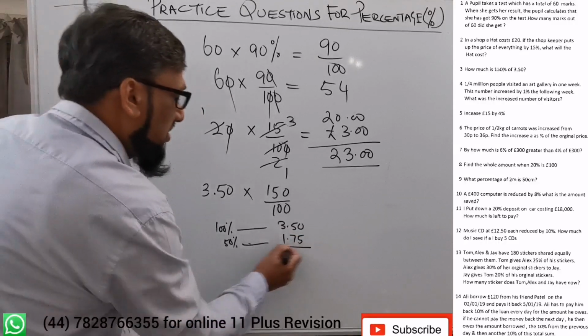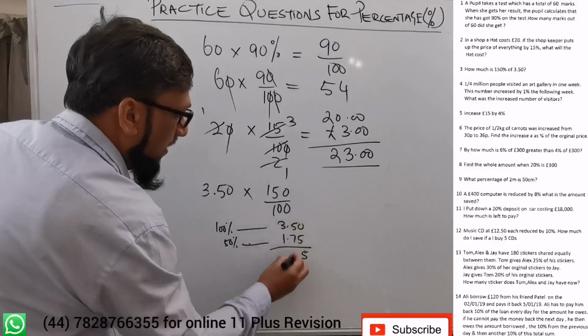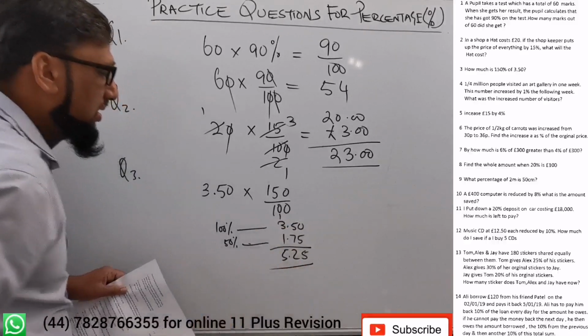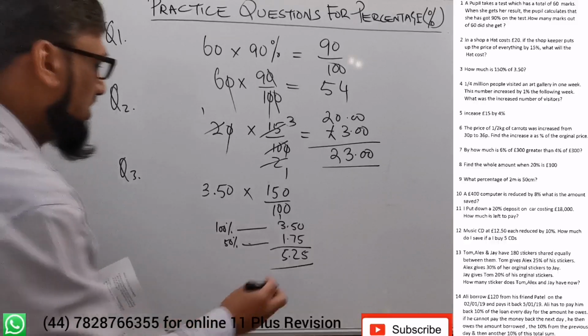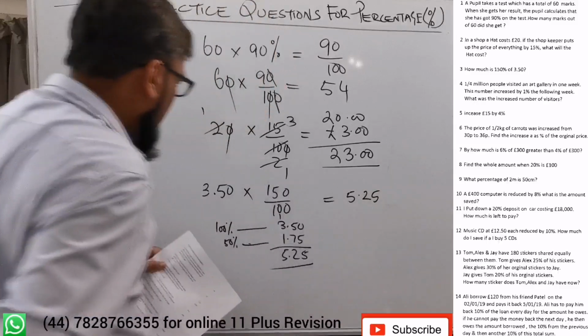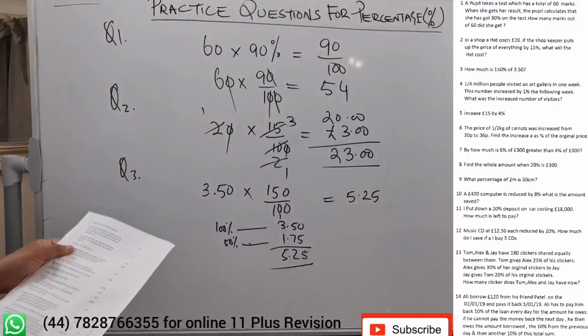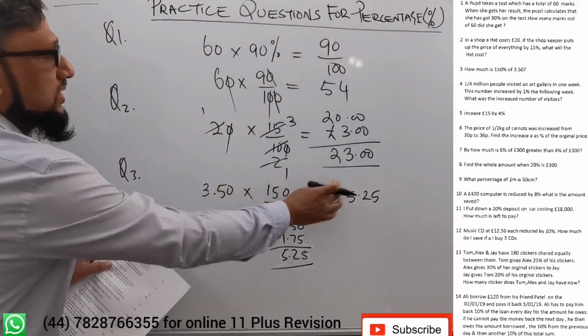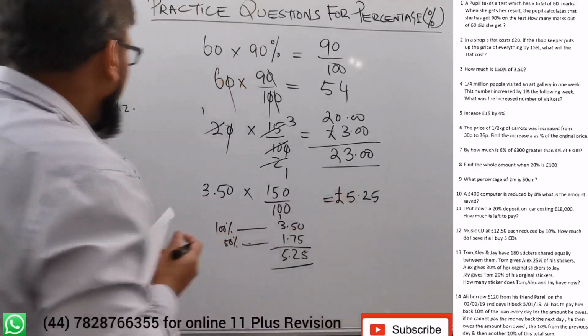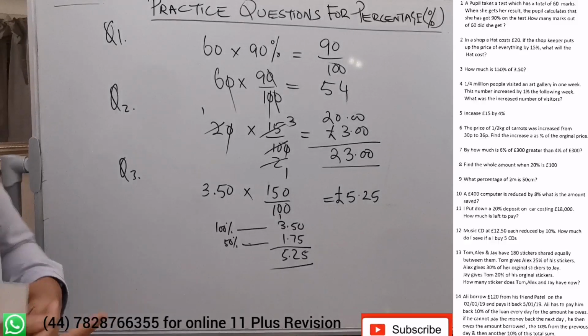If you sum these, it is 5.25. So the 150% of 3.50 will be 5.25. Now move to question number 4.